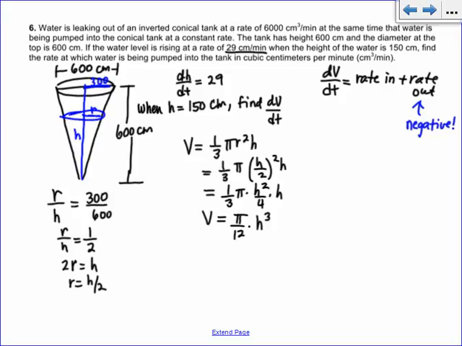So now we can take the derivative. So I get dV over dt equals pi over 4 h squared dh over dt. And I plug everything in. So I know h is 150 centimeters. dh over dt is 29. dV over dt is what I'm trying to find.